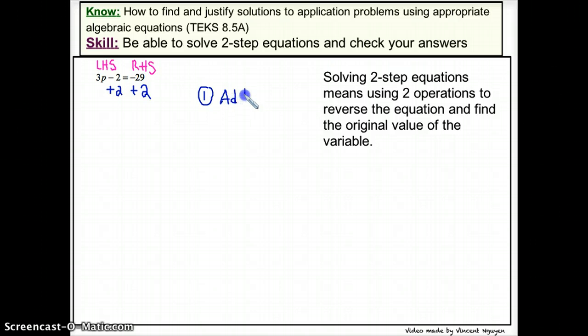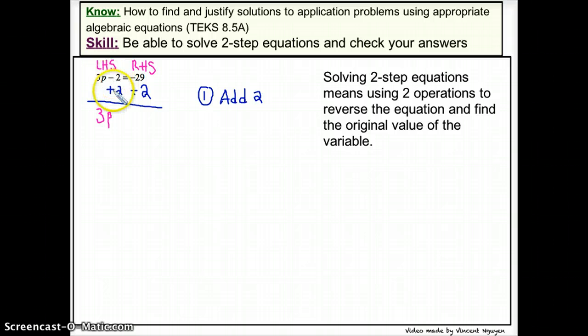When you add 2, your job is to simplify it. What happened when we add 2? When I add 2 to the left-hand side of the equation, I get 3p because I didn't do anything to that.